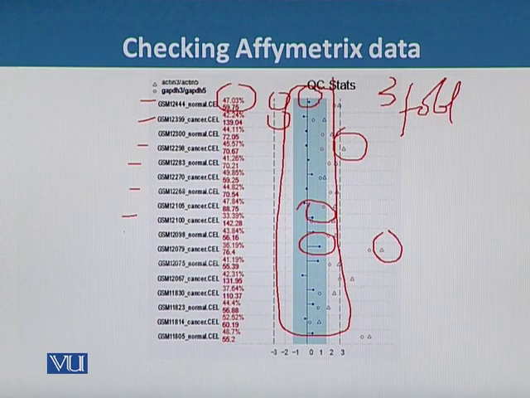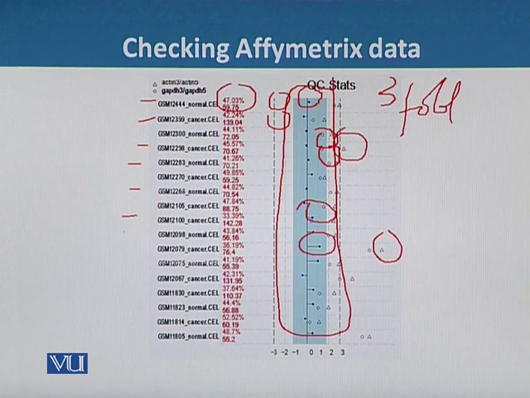And the open circles are the GAPDH 3' to 5' ratios, and we know that these are the two housekeeping genes, beta actin and GAPDH. They are housekeeping genes, and they are used as a control because these genes have constant expression values.